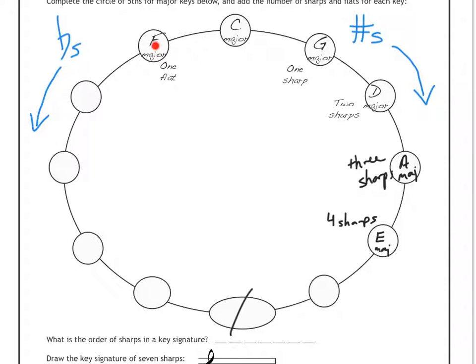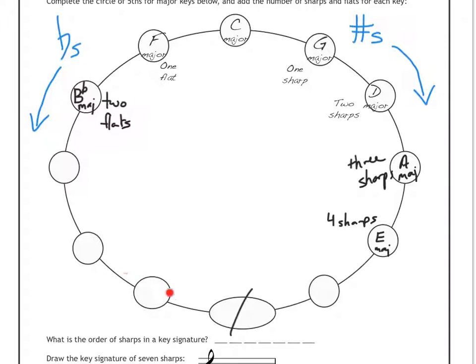From F major, down a perfect fifth lands us on a black key. It actually lands us on the note B flat major. The key of B flat major will have two flats. Count down another 7 half steps, or down a perfect fifth, for the next one. Down a perfect fifth, down a perfect fifth, and down a perfect fifth.